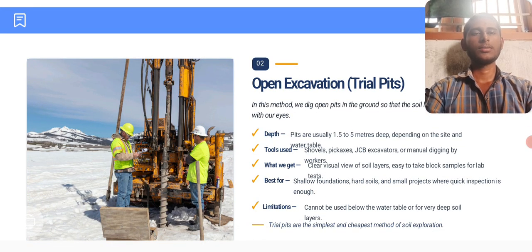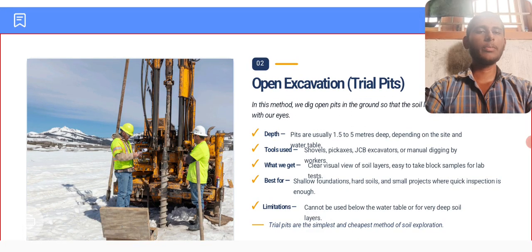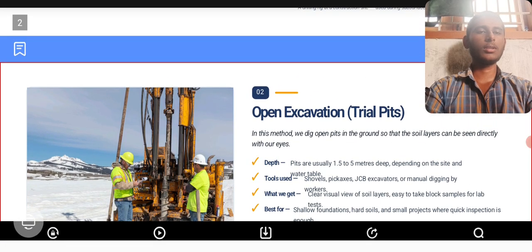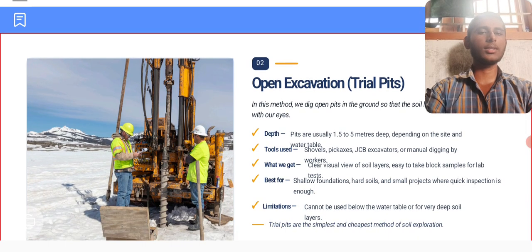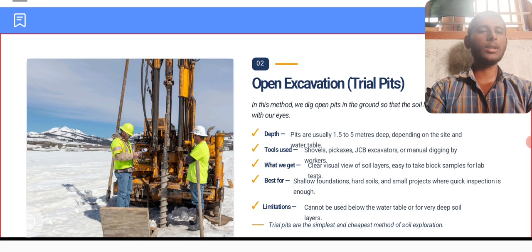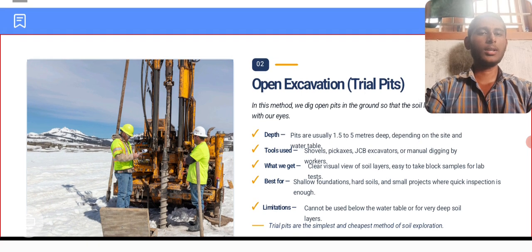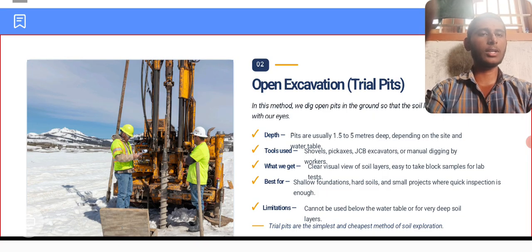Excavation, trial pits. In this method, we dig open pits in the ground so the soil layers can be seen directly with our eyes. Pits are usually 1.5 to 5 meters deep and tools used are pickaxe, shovels, JCB excavators or manual digging by workers.